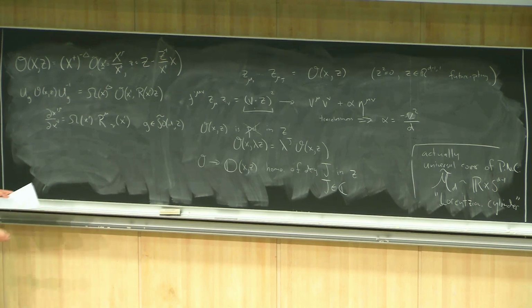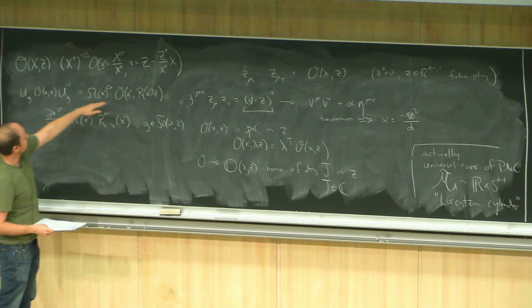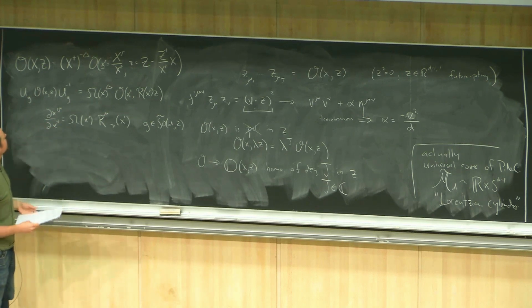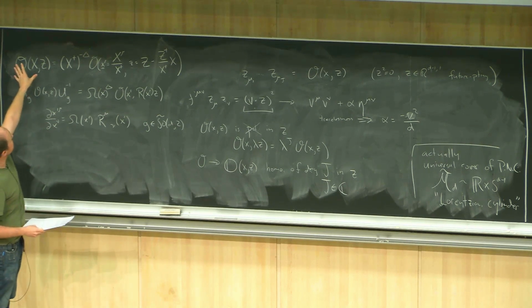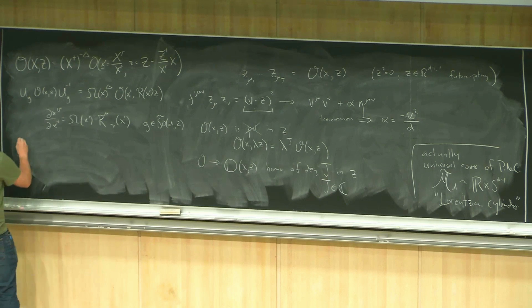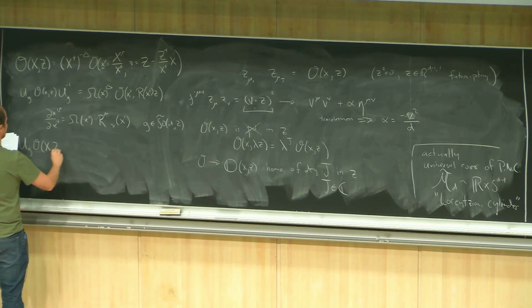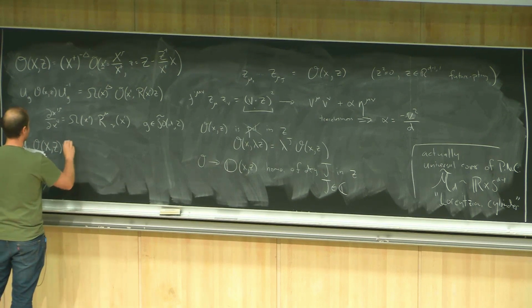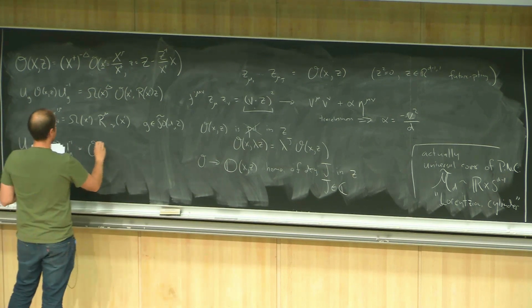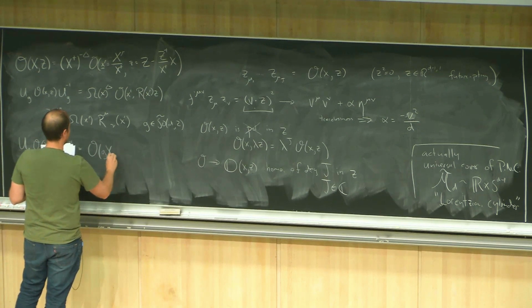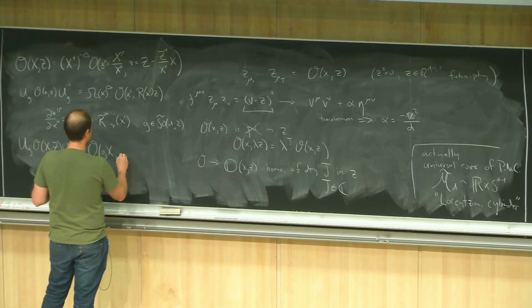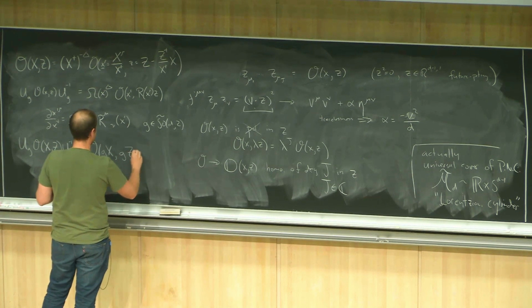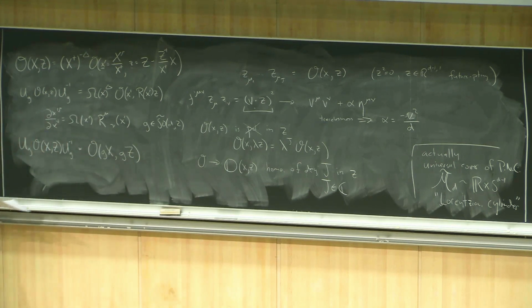And so the claim is that if you have an operator that transforms in this way under conformal transformations, then if you build this embedding space operator, it transforms under conformal transformation in a super simple way, where its coordinates just get acted on linearly by this SO(d,2) matrix.